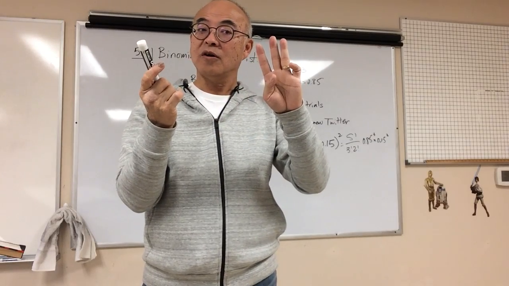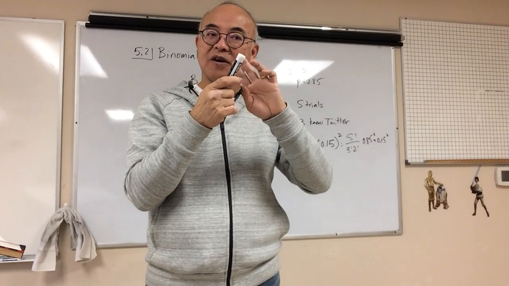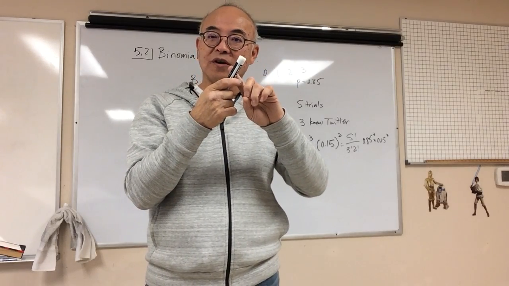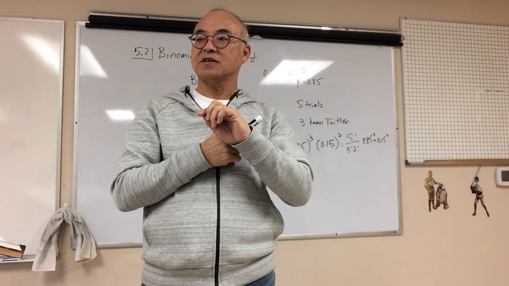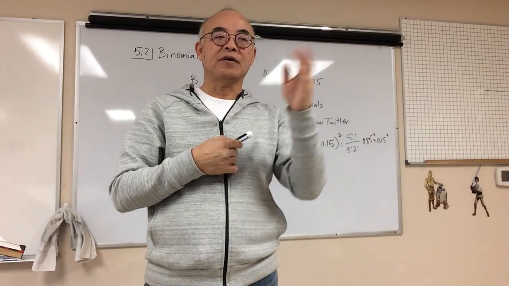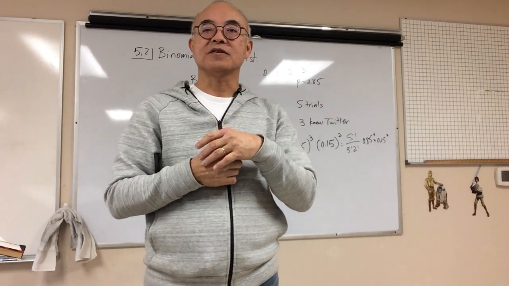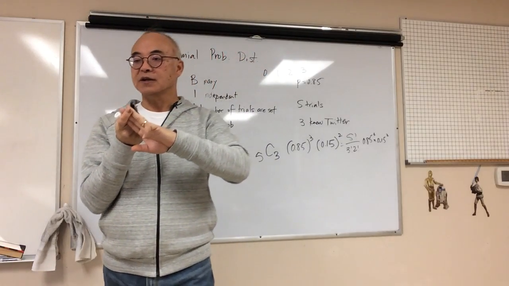Or you can calculate the CDF up to 2 and subtract that from 1, because 0, 1, and 2 are not 3 or better.